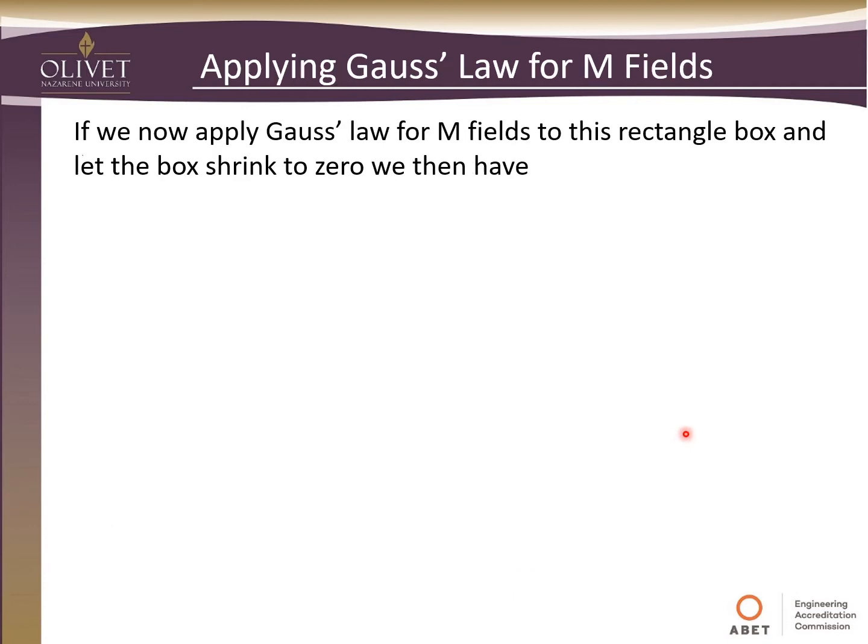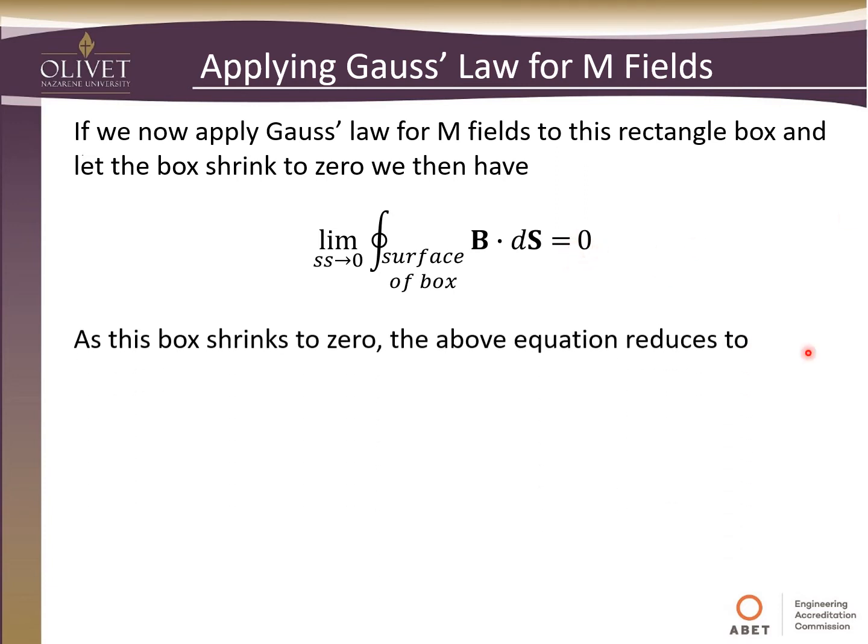So finally, we're going to apply Gauss's law for magnetic fields on our rectangular box. As we do that, again, we're summing up this flux density on the surface of the box, and Gauss's equation tells us that should always equal 0.